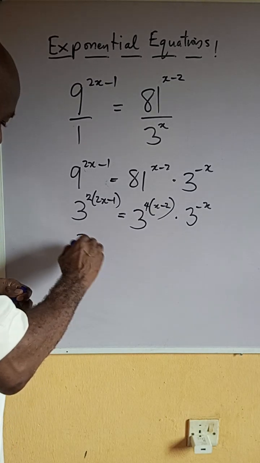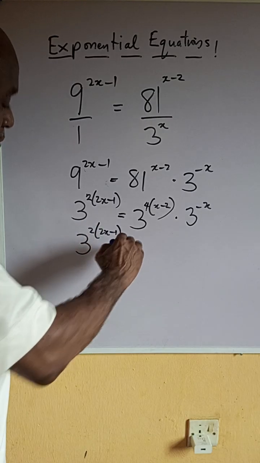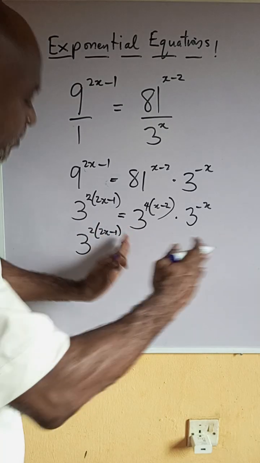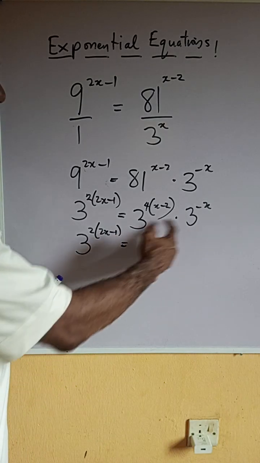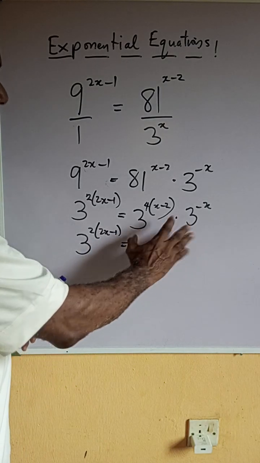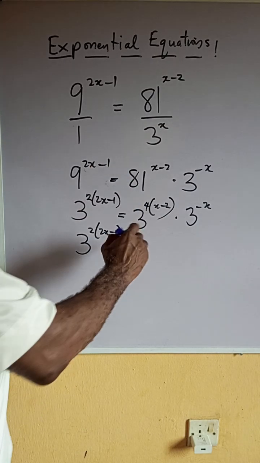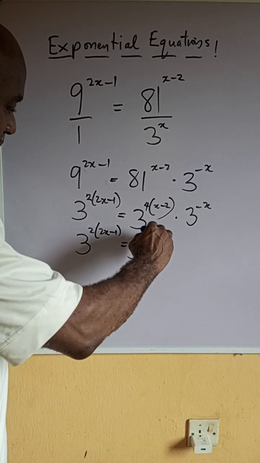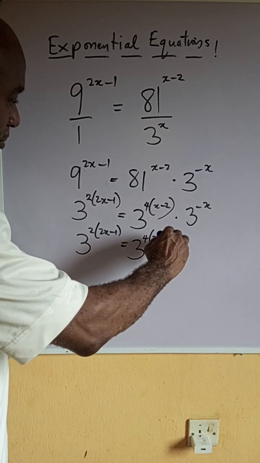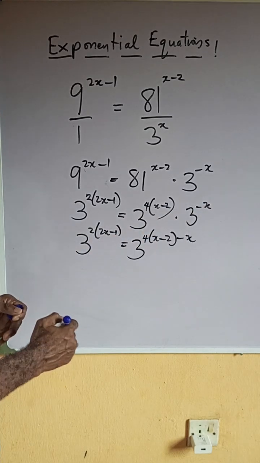We continue. 3 raised to the power 2 into 2x minus 1 is equal to... you can see that the two expressions on the right hand side have the same base. So we shall take one of the bases, so that 3 raised to the power 4 into x minus 2, minus x.